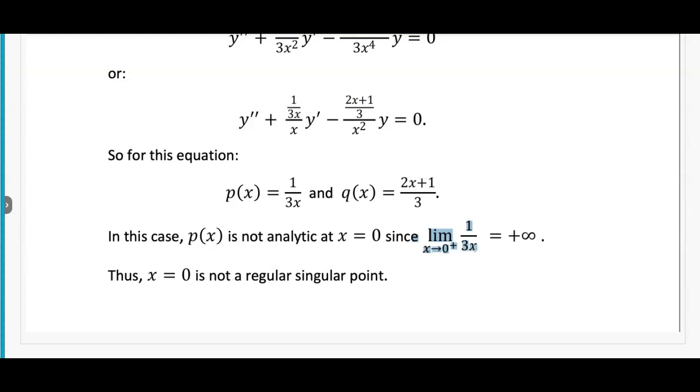And since the right limit goes to infinity and the left limit goes to negative infinity, in any case, you just see that 0 is not in the domain of this one. That's more obvious, right? So 0 is not a regular singular point in this case.